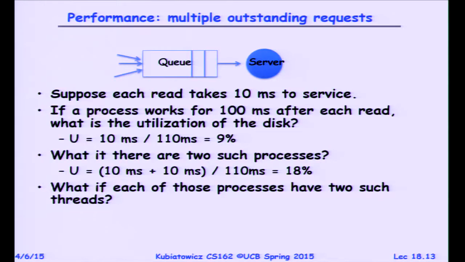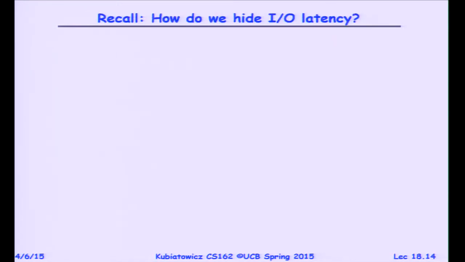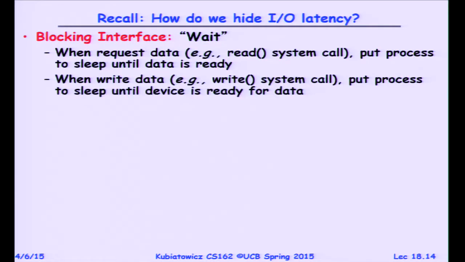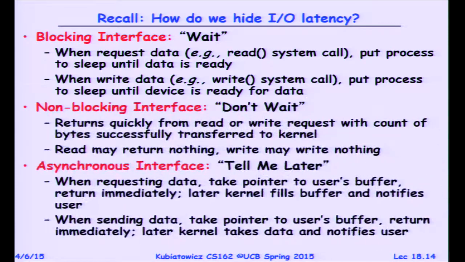Okay. So now, of course, we already showed you this, right? Several lectures ago. This blocking interface is the standard wait with reads and writes until the I/O is completed. We gave you a couple of options, like non-blocking I/O and asynchronous I/O. Both of these are ways to make sure that you can do other things while you're waiting for I/O to happen.